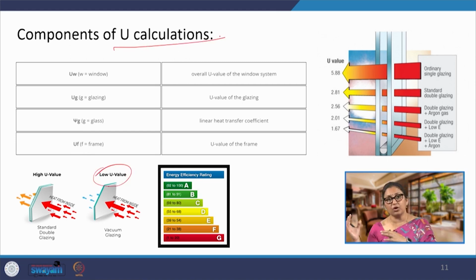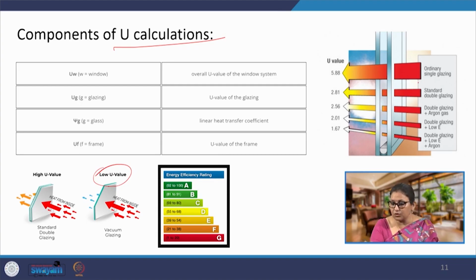It is the overall transmittance of heat from one side to the other side, and it will vary with different materials. So, for example, in fenestration we have the overall U value of the window, which is dependent upon the glass, whatever glass is going to be used, and the frame, that will give us the overall U value of the window system.